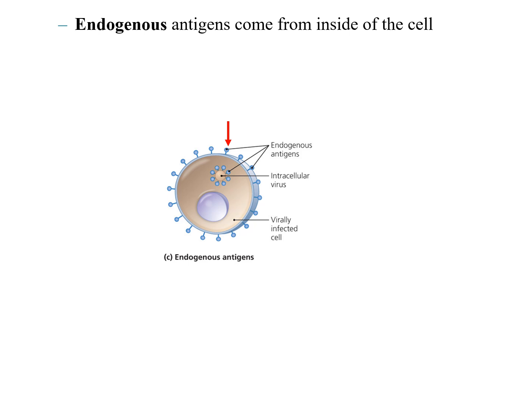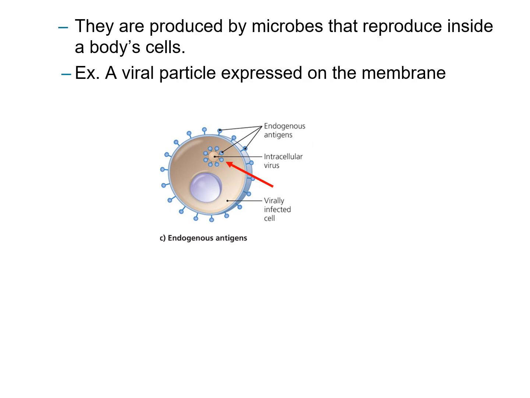That is an endogenous antigen. It came from inside of your cell. So these endogenous antigens are produced by microbes that reproduce inside of your body's cells. A viral particle expressed on the membrane is the scenario I just went over.